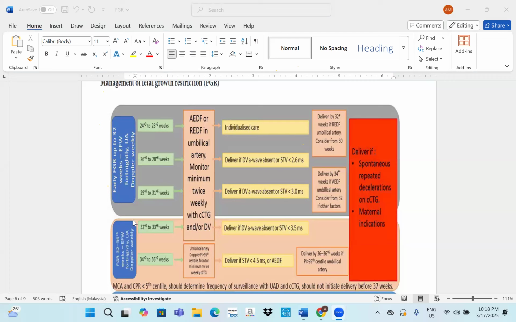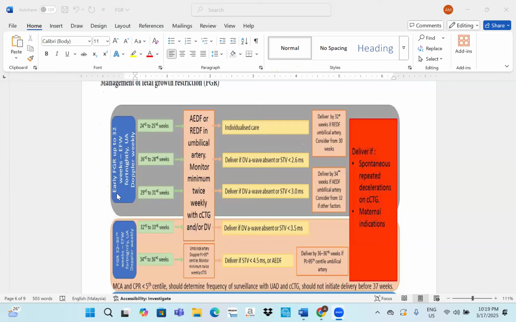Clear? Let me come again to this point, that you had a patient diagnosed FGR because less than 10 centile with estimated fetal weight and the uterine artery Doppler was abnormal. Now you started the monitoring for this patient. Okay. This patient monitoring, you are doing 2 weekly estimated fetal weight and Doppler.